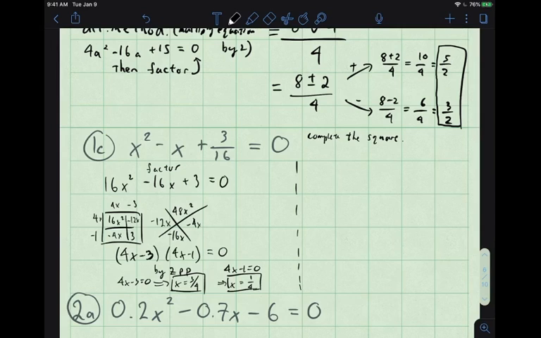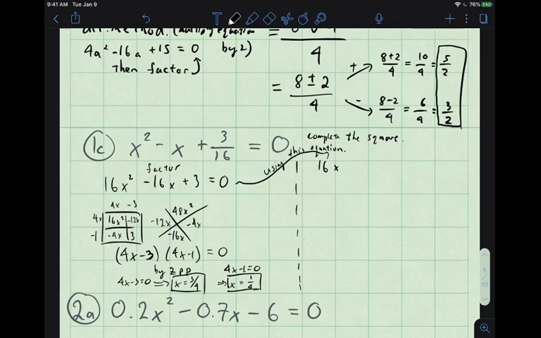And just for practice sake, let's complete the square from here using this equation. We think about what our b term is.